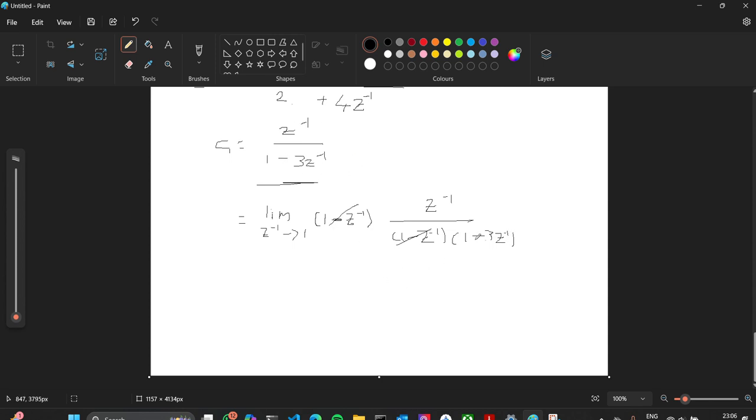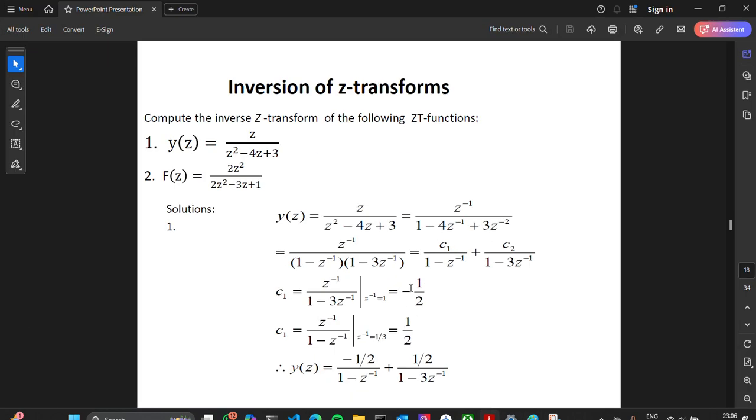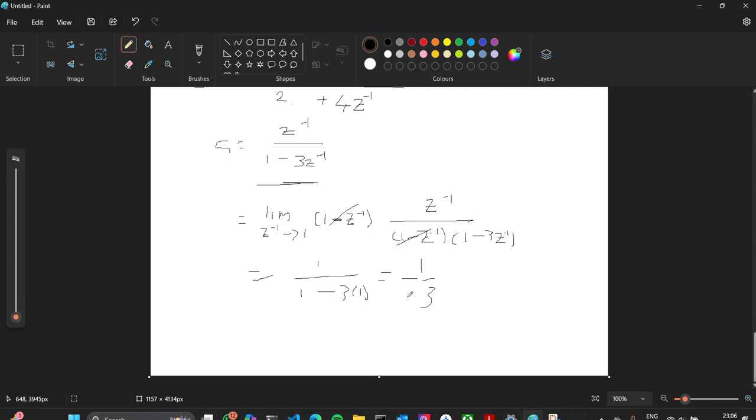Then you're going to input that here. So it's going to be 1 over 1 minus 3 times 1. That gives you negative 1 over, oh, I can't count. It's two.